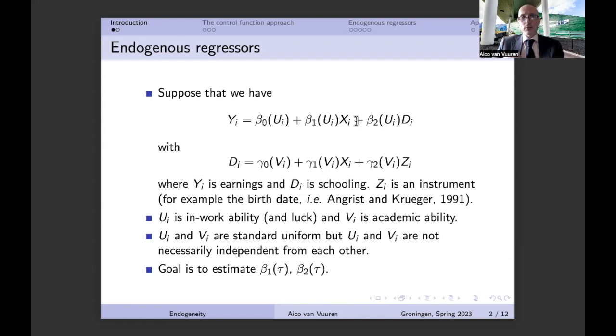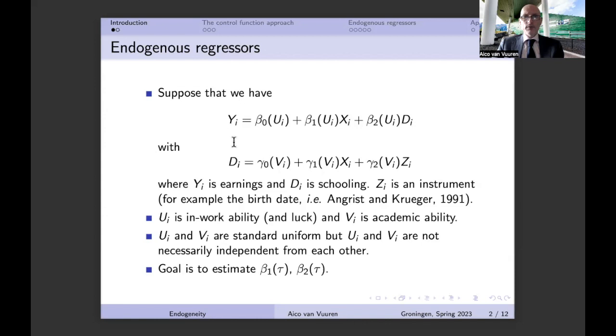It's not like you can say, well, quantile and distribution regression already take that into account, or that in quantile or distribution regression we do not have endogeneity problems. Actually, also in quantile and distribution regression we do have endogeneity problems, and we do have to take them into account. So today we're going to look at what to do when we have endogenous regressors. For that I'm going to have the following model.